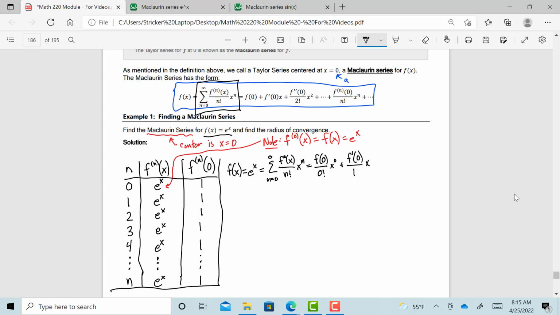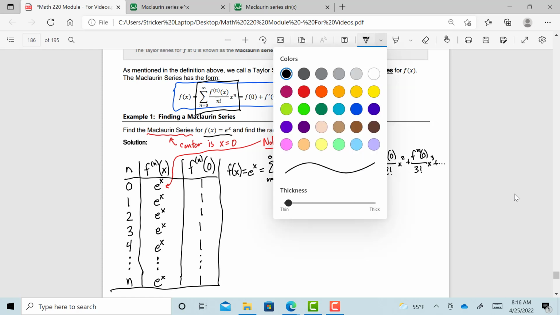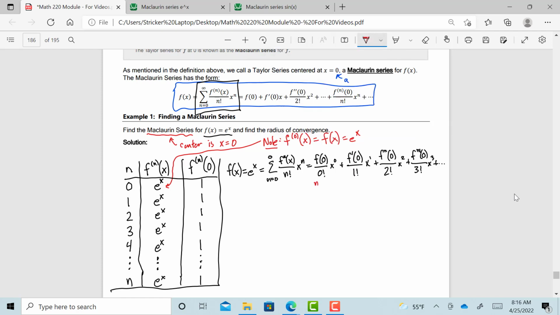So this would be over 1 factorial times x to the 1, plus f double prime of 0 over 2 factorial times x to the second, plus f triple prime at 0 over 3 factorial times x to the third, plus dot dot dot. And let's just note these different values of n. So this is n equals 0. This of course is n equals 1, n equals 2, n equals 3, and so on.